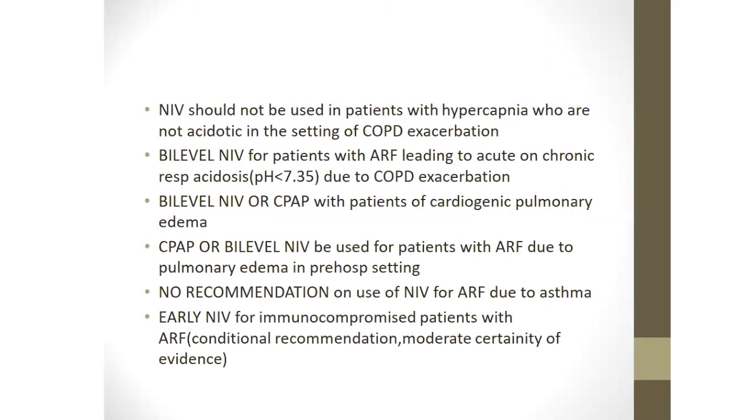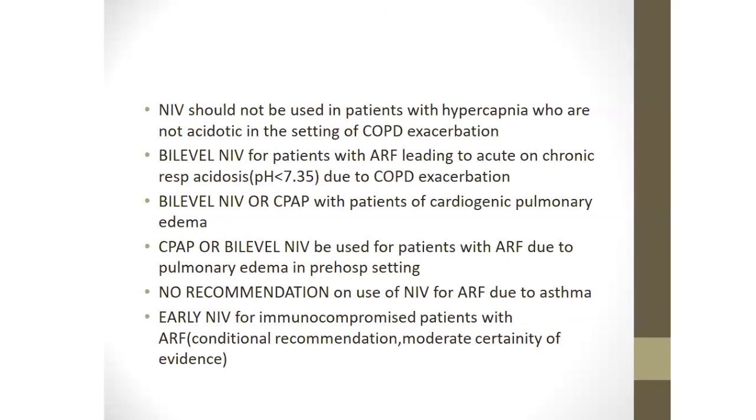It should only be used if the patient has low pH, in acute on chronic settings, not in chronic and stable COPD patients. Bilevel NIV is for patients with acute respiratory failure leading to acute on chronic respiratory acidosis, if the pH is below 7.35, due to COPD exacerbations.